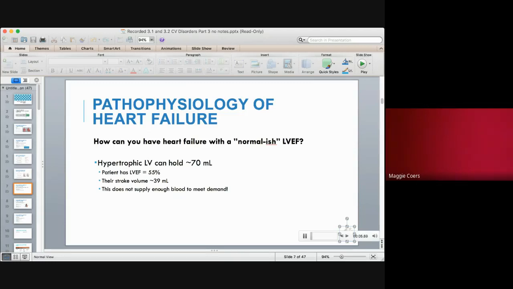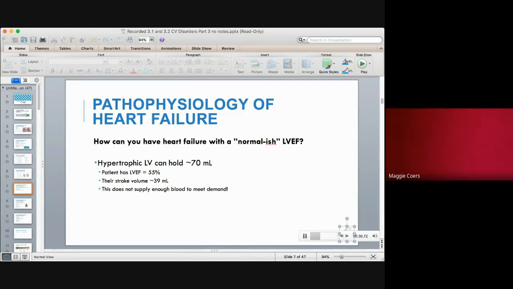How can you have heart failure if the ejection fraction is normal? Like we just talked about in diastolic. A hypertrophic left ventricle, or very large left ventricle, can only hold about 70 cc. A normal left ventricle, as we said, can hold about 120 cc's.